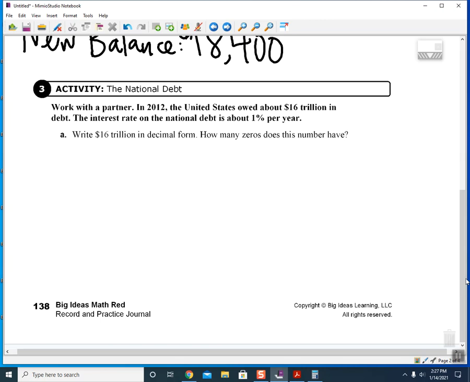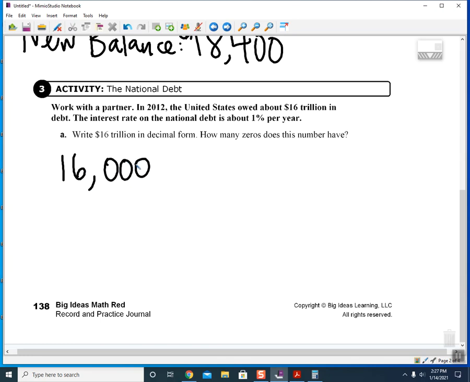Here we're going to look at the national debt, which is a pretty interesting thing to look at. So this says that in 2012, the United States owed about $16 trillion in debt. The interest rate on the national debt is about 1% per year. So we're going to write 16 trillion out.